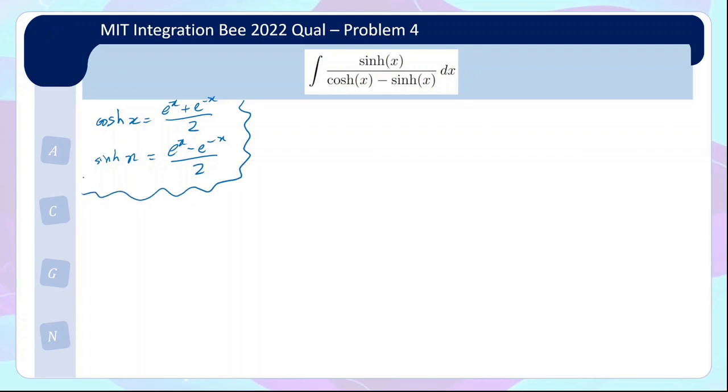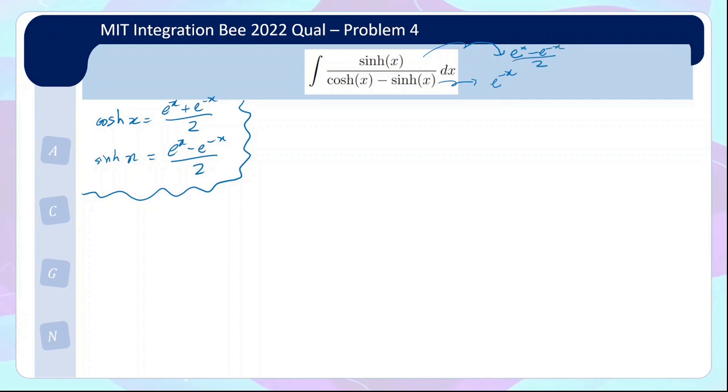So the bottom, cosh x minus sinh x, is the difference of these two. The e to the x cancels and the e to the minus x stacks. So this bottom part is actually literally just e to the minus x, which is really simple. And the top part, we can replace with e to the x minus e to the minus x over 2.